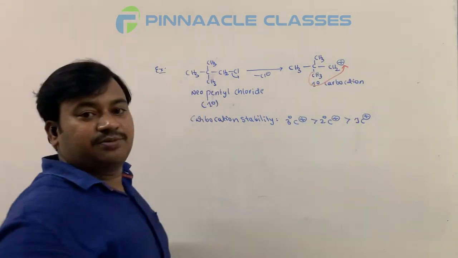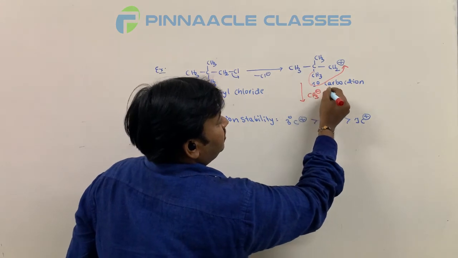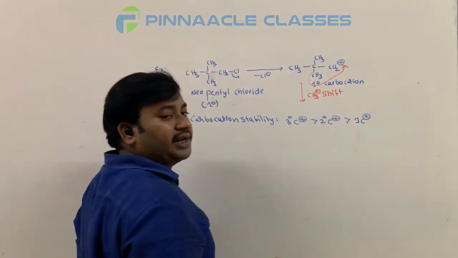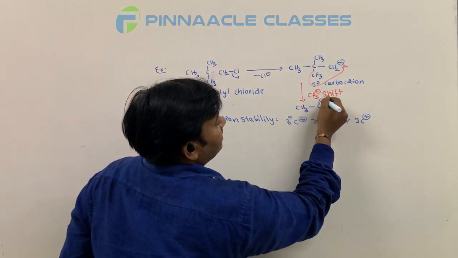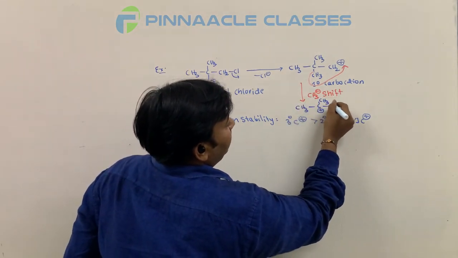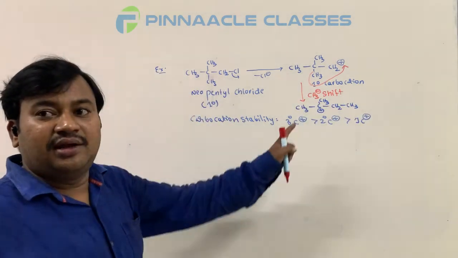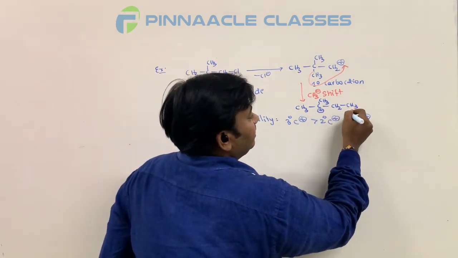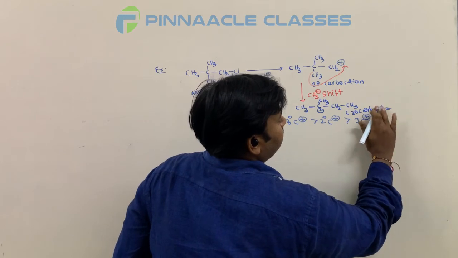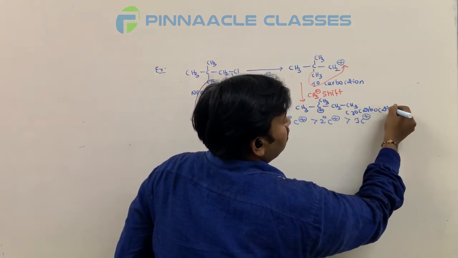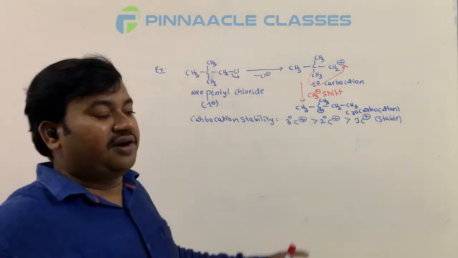A methyl shift will take place, with the CH3 shifting towards the primary carbocation. Then the resultant is CH3 plus and CH2CH3. Now the resultant carbocation is a tertiary carbocation, so it is a stable carbocation after rearrangement.